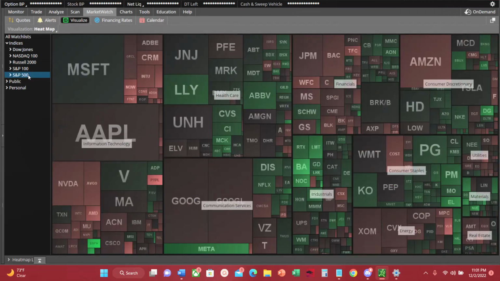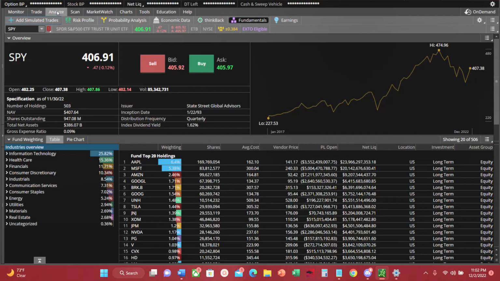So here's SPY. You see Apple, Microsoft, big red boxes. I guess they were a little red today. Well, this one's green. And then Amazon is number 3, and you can't really tell because Google's a big weight here. But you go down here, go down to Analyze, SPY, and those are the weights.